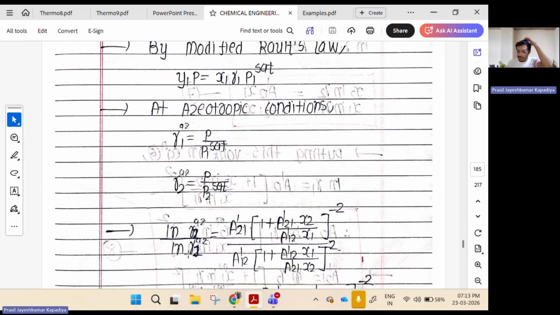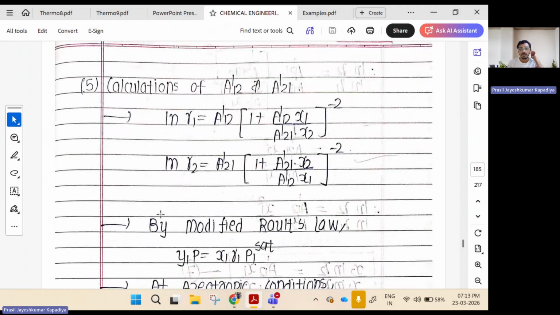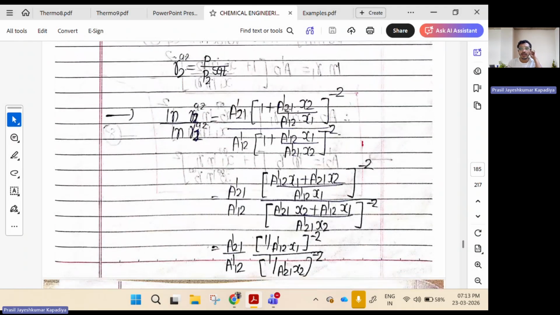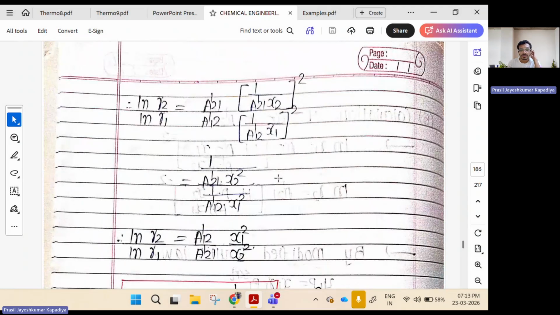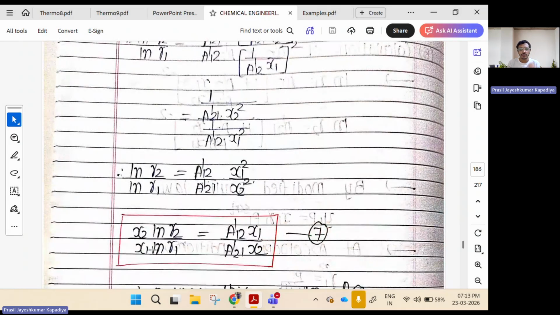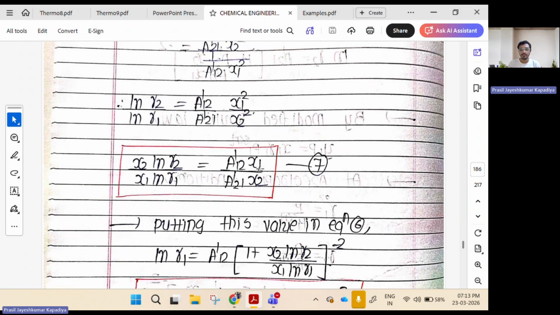If I take the ratio of ln gamma 2 by ln gamma 1, we will have this kind of equation, correct? If I simplify these equations, we find that at the azeotropic point, x2 ln gamma 2 by x1 ln gamma 1 is equal to A12 prime x1 divided by A21 prime x2.